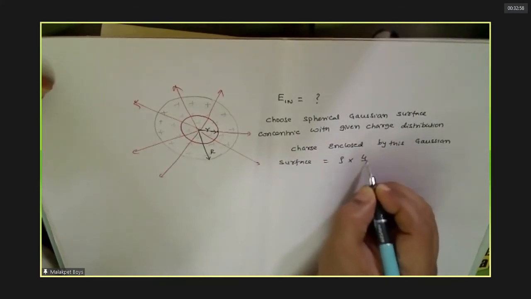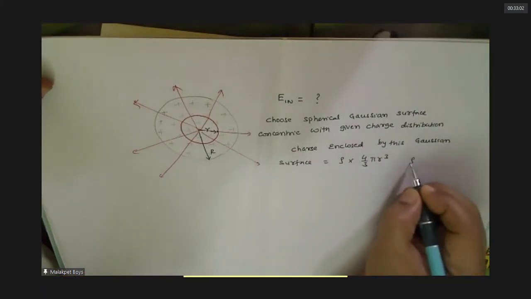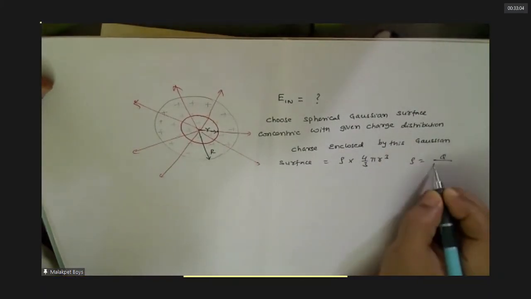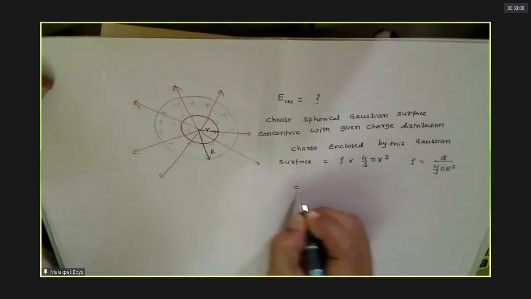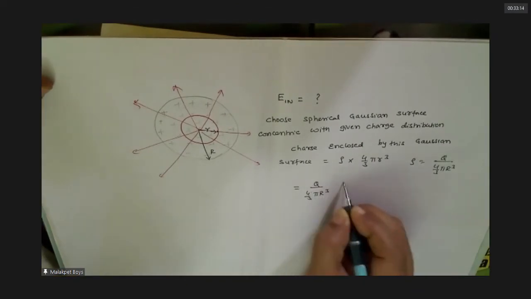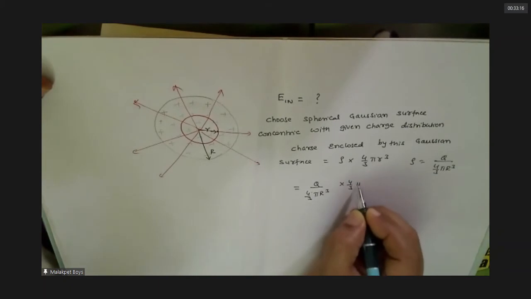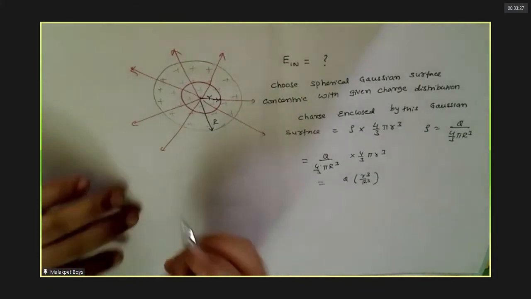What is the volume of this? What is the rho? Total charge distributed by this, no? Do you agree with this? Till here, any doubts? Then I'll apply Gauss law for this.